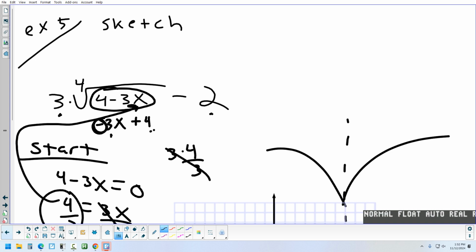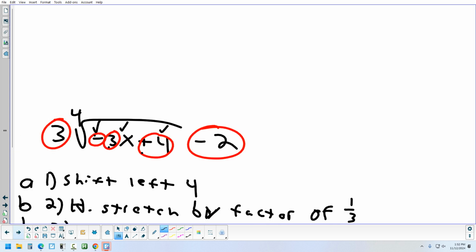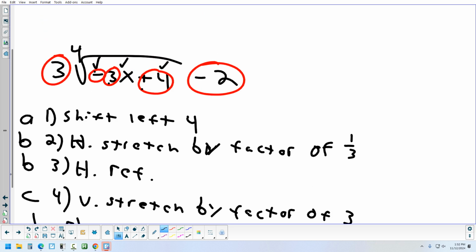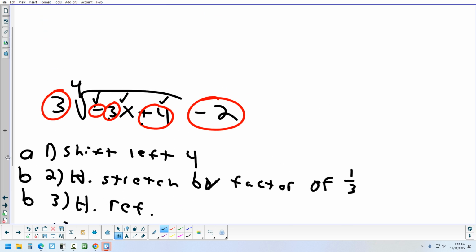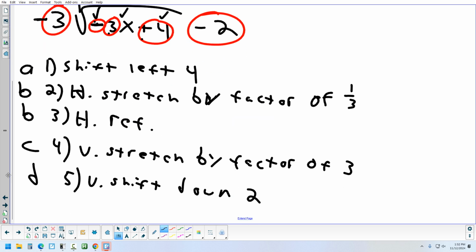I got one. So when it reflects, does it have to be a negative sign in either spot that it multiplies or divides? To do a reflection, you either need a negative here, or you need a negative in front. Those are the only 2 places that a negative would cause a reflection. If this one had a negative here, then right here you would have said vertical reflection as step 5, and then step 6 would have been shift down 2.